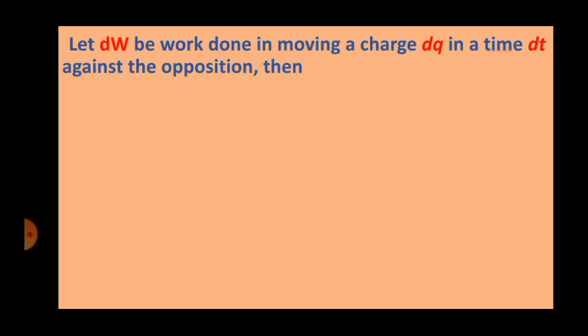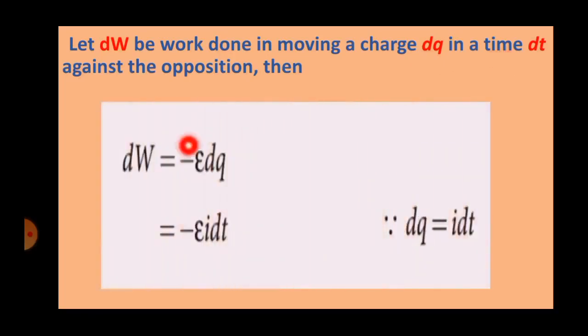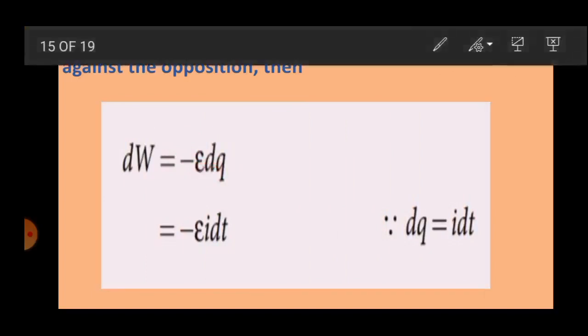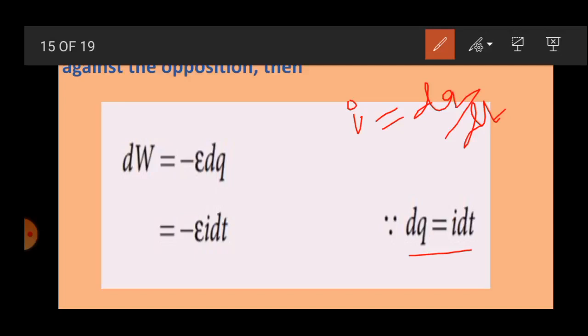So therefore dW is equal to minus E into dq. Already you know that electric current I is equal to charge per unit time. What is the charge? dq is equal to I into dt. Substitute this in the equation. Therefore dW is equal to minus E into I into dt.